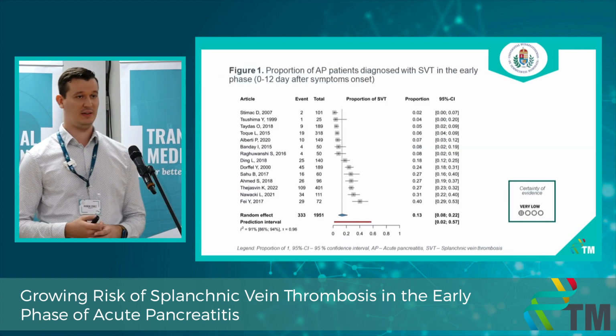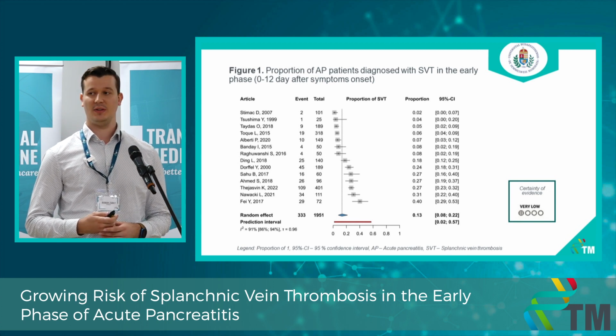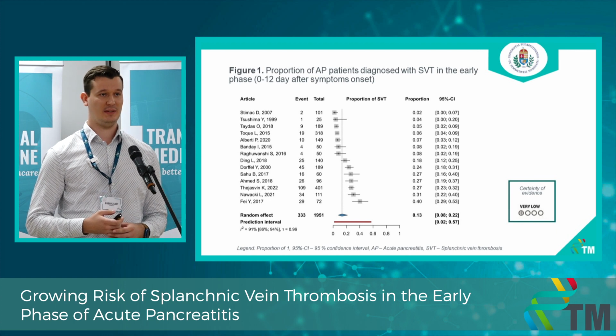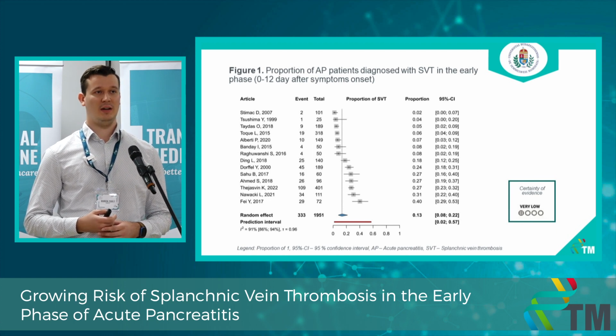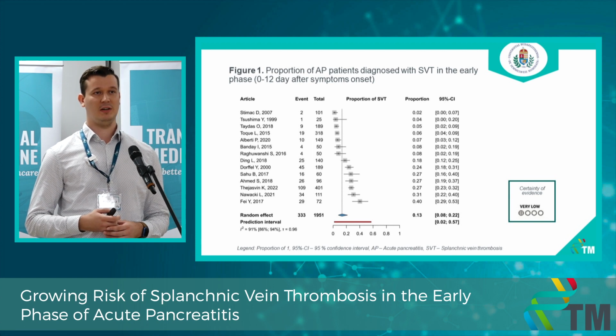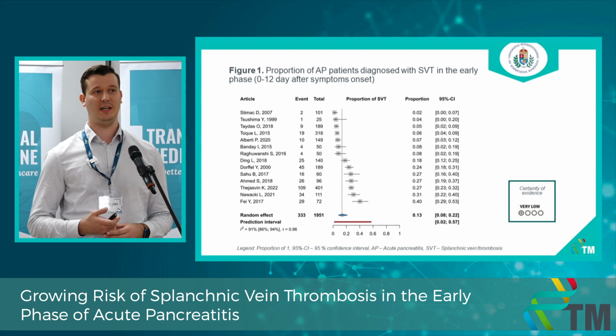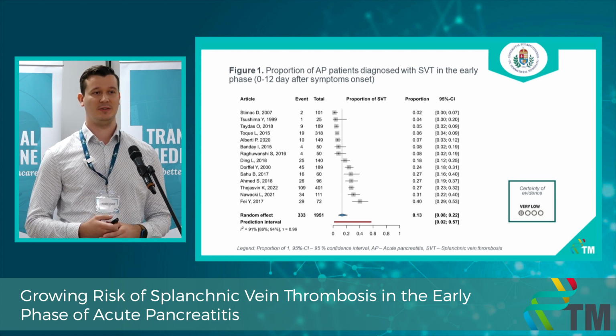And here you can see the results of the analysis. On this first forest plot, you can see the pooled prevalence of SVT in AP patients in the early phase, which is defined in this context as the first 12 days since symptom onset.